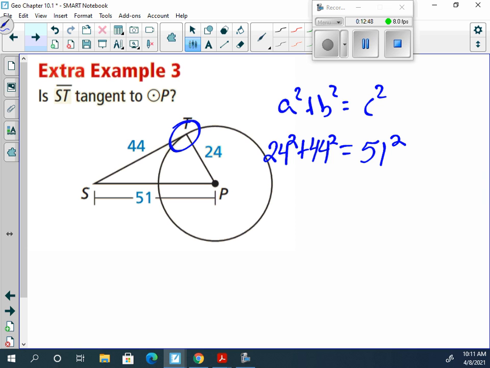It's always going to be the biggest side. Now, 22 squared plus 44 squared is, are these the same? Is this tangent? Is ST tangent? No. No.